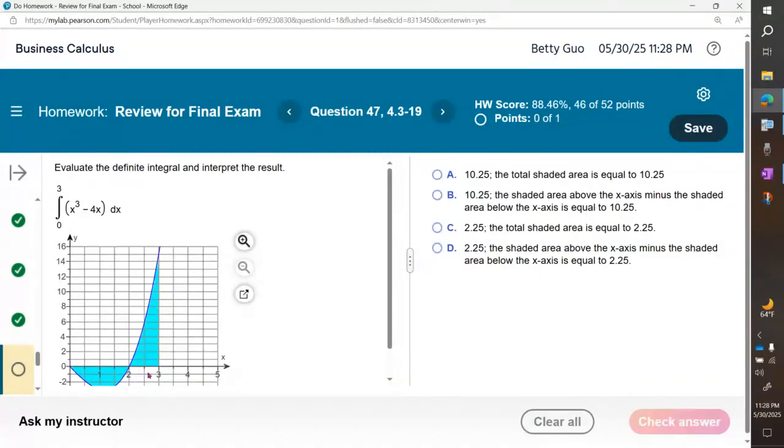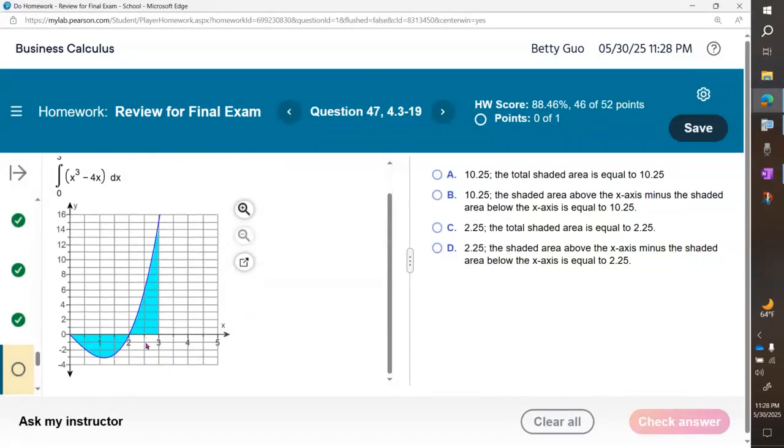The integral from 0 to 3, as you can see, some part falls above the x-axis, some part falls below. Then the definite integral actually is the area of the region above the x-axis minus the area of the region that falls below the x-axis.